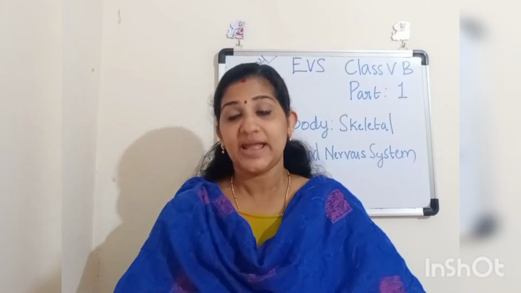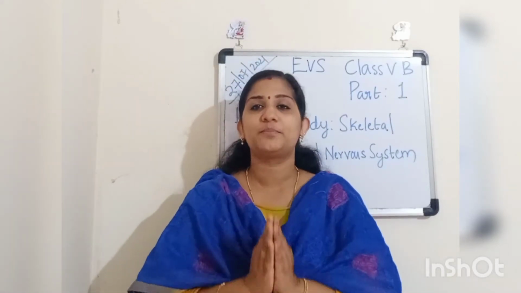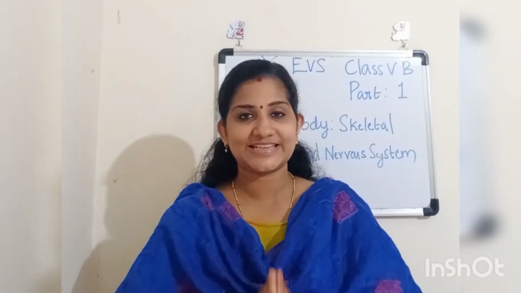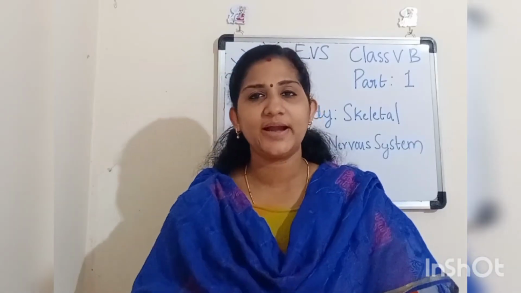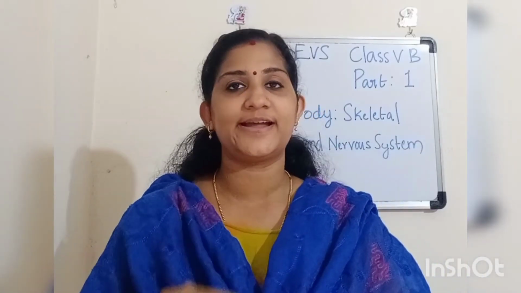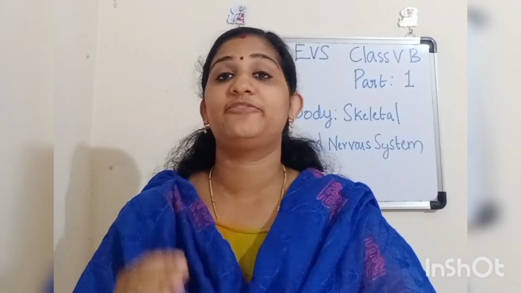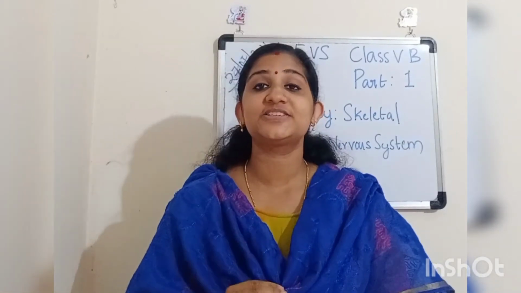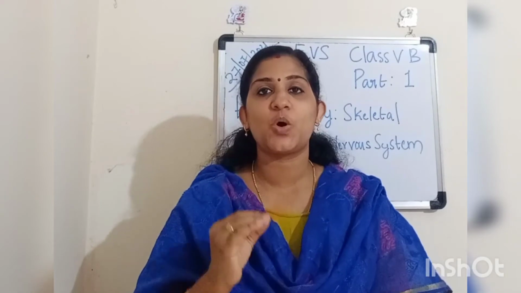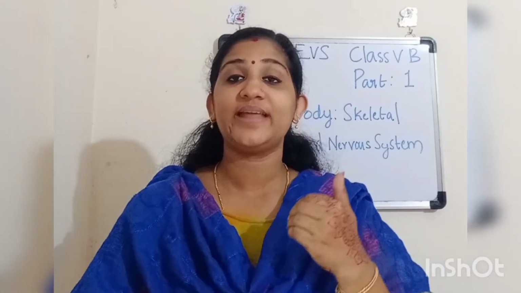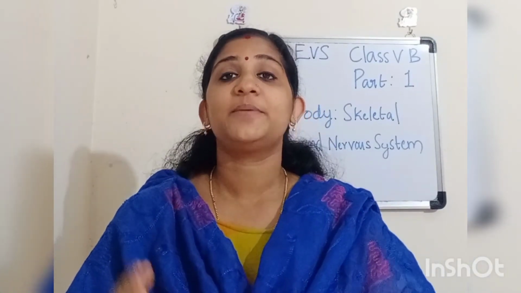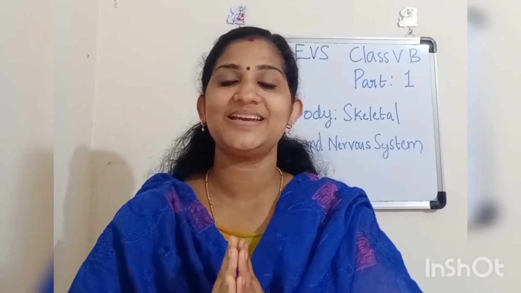The framework of the bones is known as the skeletal system. For an adult, there are 206 bones, but an infant has 300 small bones. When the infant grows, the bones join together and become 206 bones.